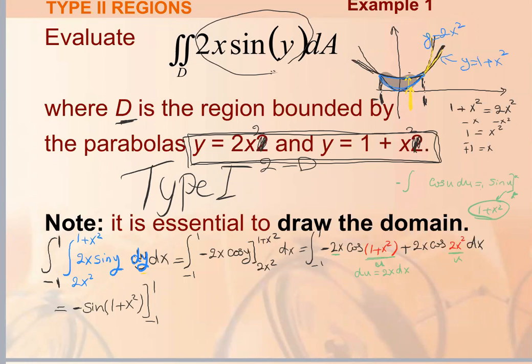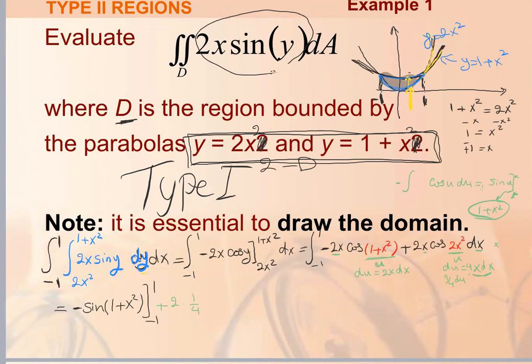I don't know what the du is, so I just write du is going to be 4 times x dx. So this is going to be 1/4, huh? If I write over here, x dx is 1/4 of du, right? So I have 2, and then 1/4 of the du, or I can just say directly 1/2, that's fine.